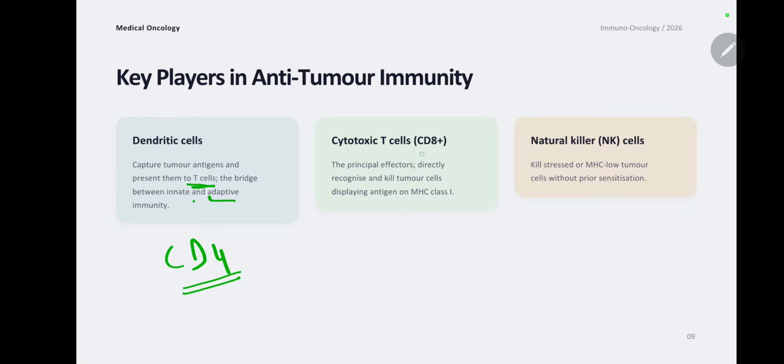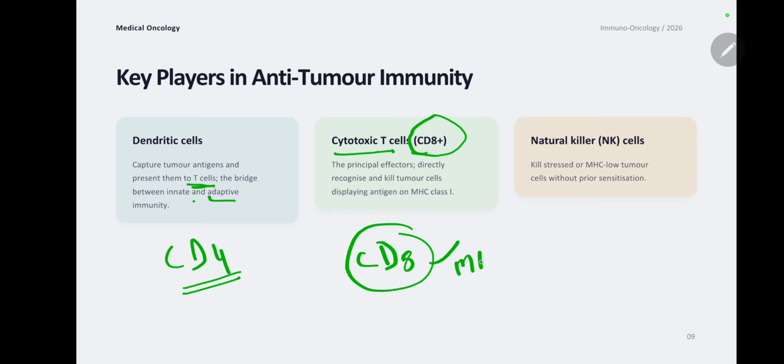Okay, second is the CD8 cell, called the cytotoxic T cell. CD8 cell directly recognizes the cell which is showing MHC class 1 molecule. Okay, next is the NK cell, which does not need MHC, so it acts against low MHC tumors. Why does it act?